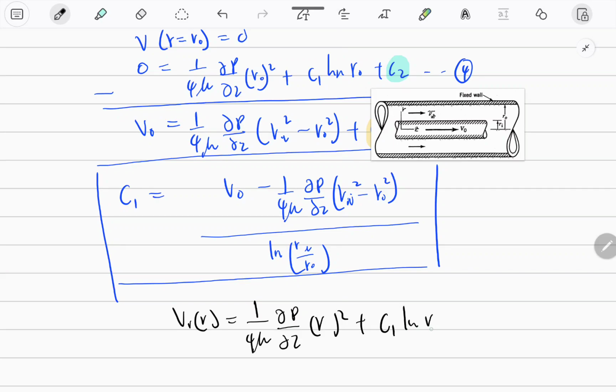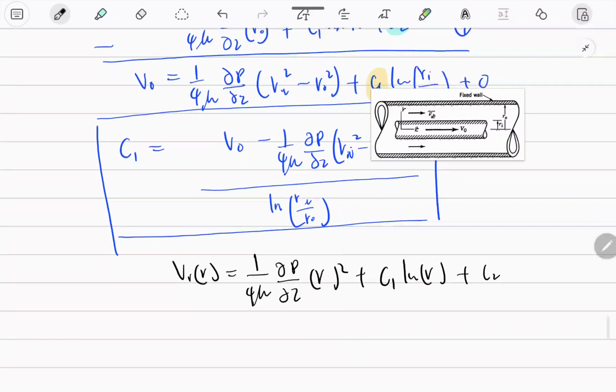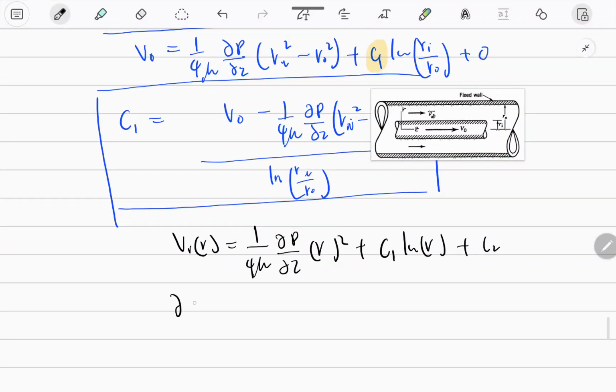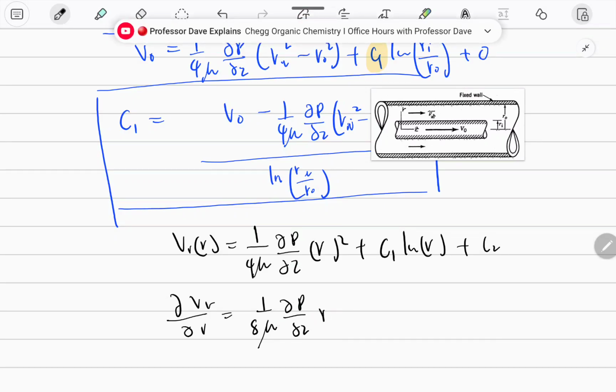Ln r plus some c0. If I differentiate this in terms of r, then this one will go down, I'll end up having 1 over 8 mu, then dp dz of r alone.